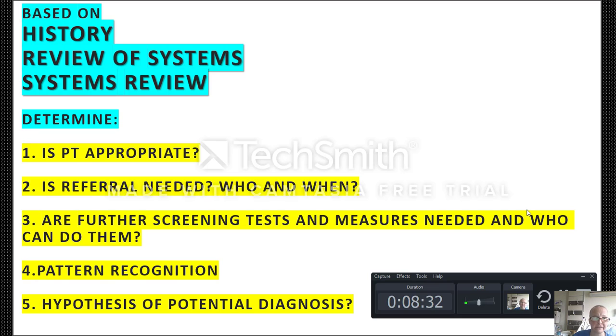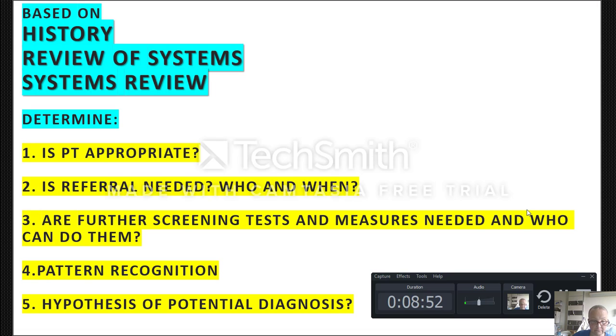Based on the history, the review of systems, and the systems review, we have to determine, is PT appropriate? Is the referral needed? Who and when? Are further screening tests and measures needed, and who can do them?